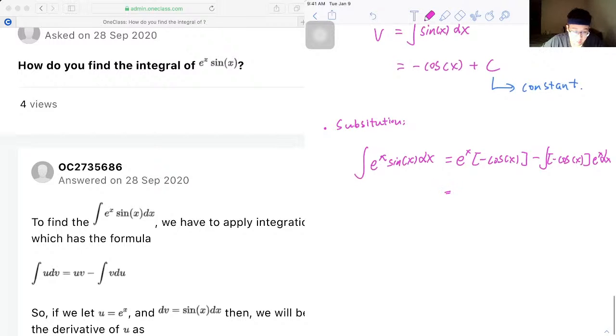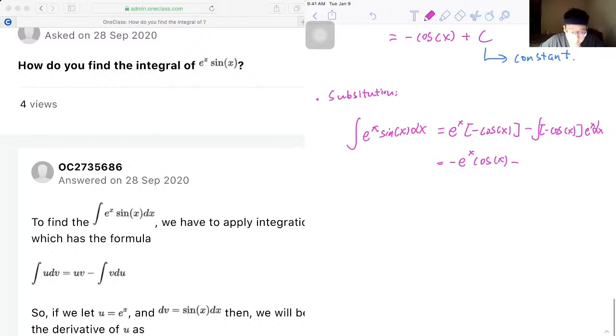And that will be equal to negative e^x cosine x, we just move the negative sign out, minus negative integral e^x cosine x dx.